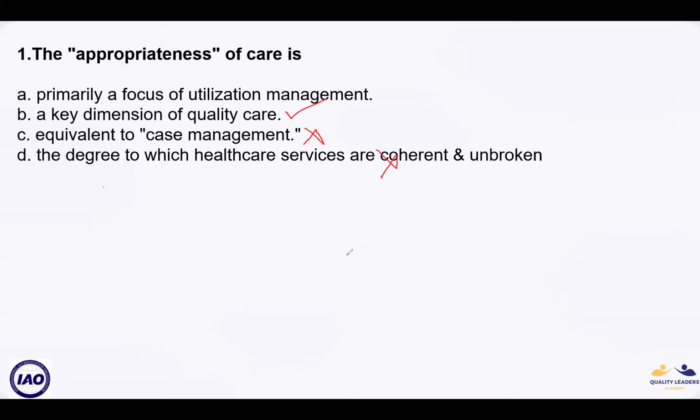There should not be any overuse or underuse. Like in the last session, we discussed the example of antibiotics. It is inappropriate to prescribe antibiotics for a viral, simple common cold, right? So appropriateness is guidelines driven and patient specific care.